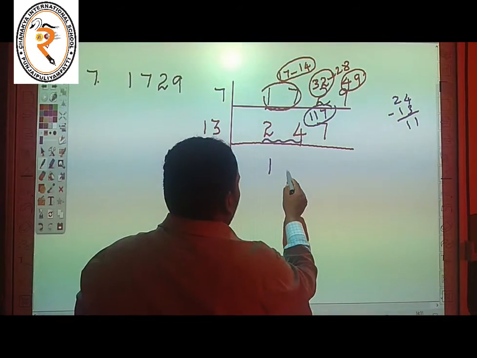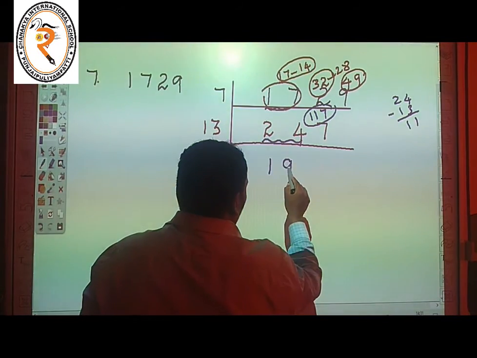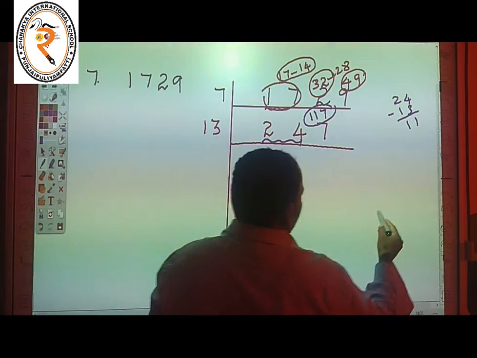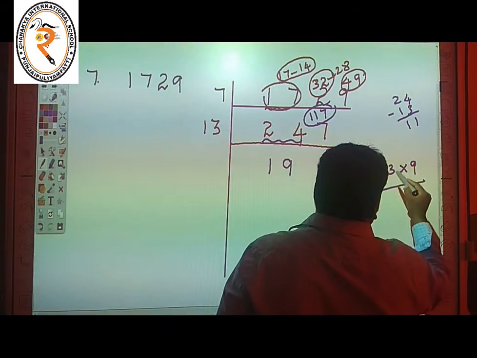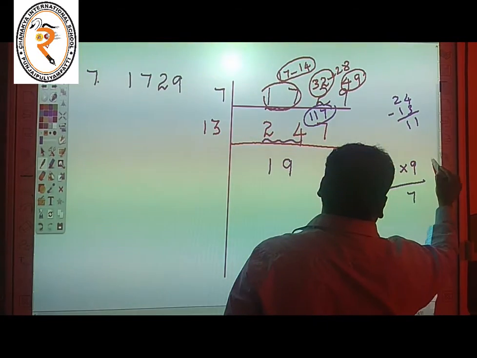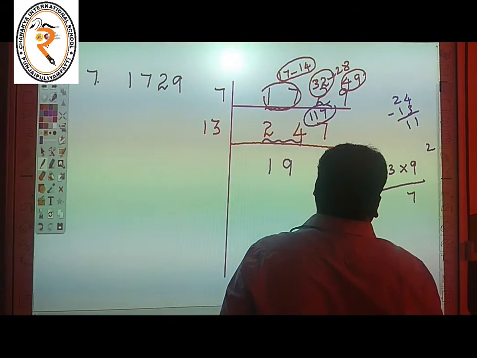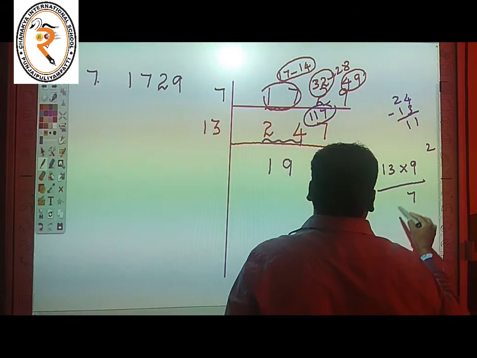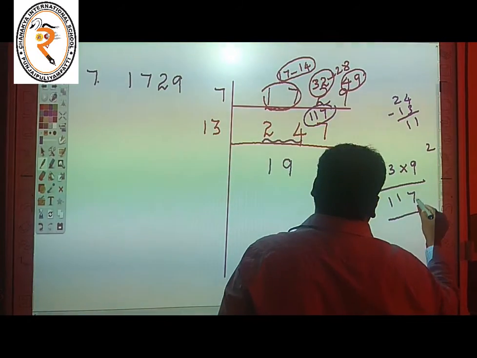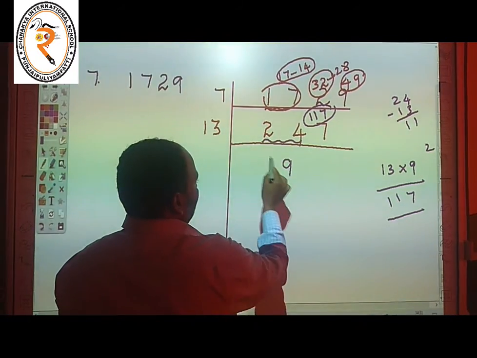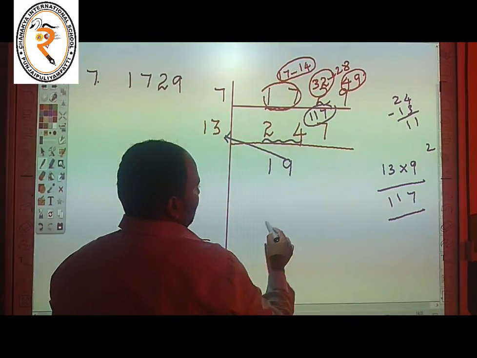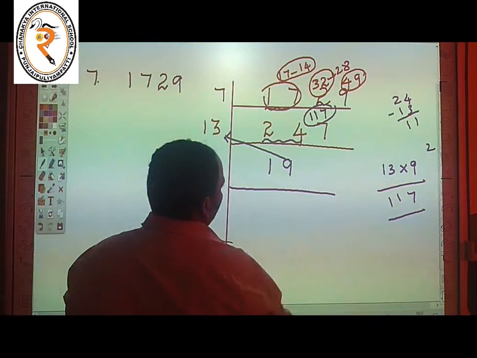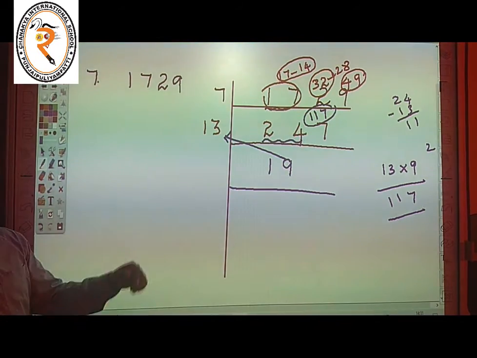So it is 9 times. 9 into 13. 9 threes are 27, 7 remaining 2. 1 into 9 is equal to 9. 9 plus 2 is equal to 11. So 9 into 13 is equal to 117. So our answer is 19.